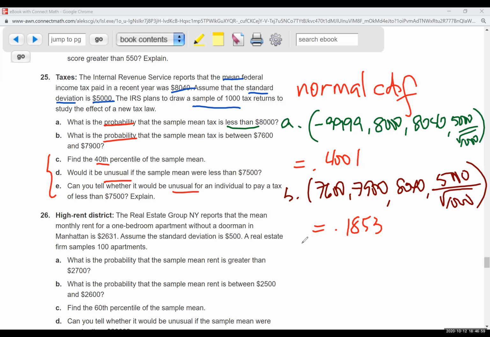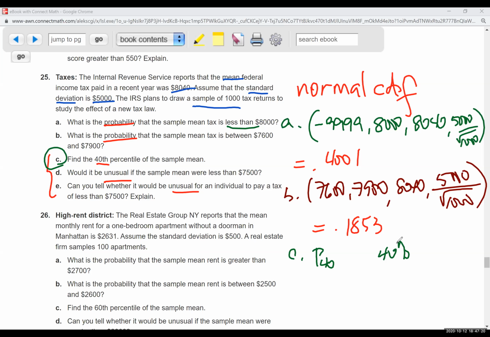Wait, this one is a different question. P40, meaning that is 40%. Sorry, this one is different.